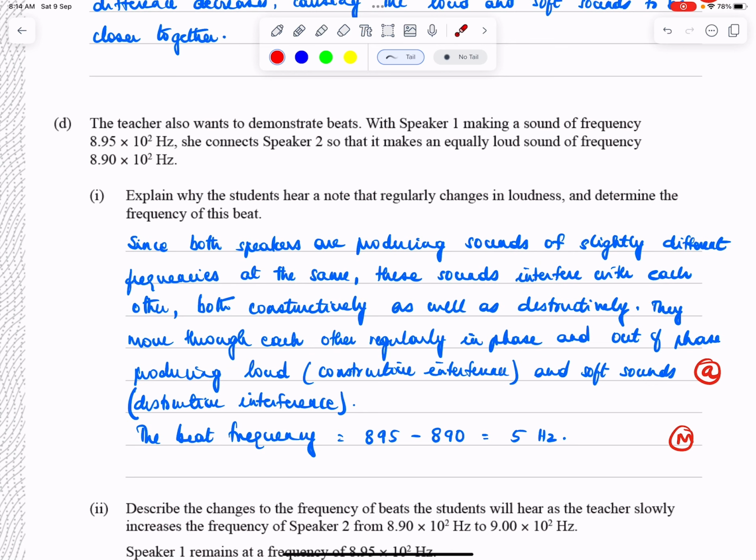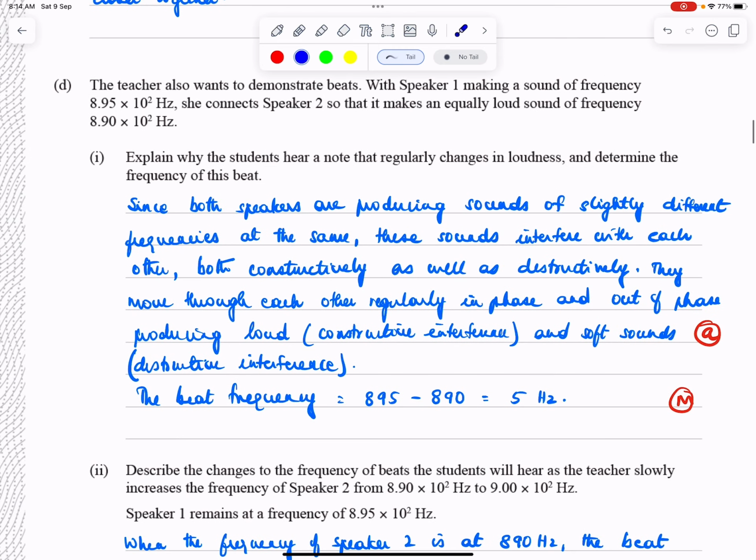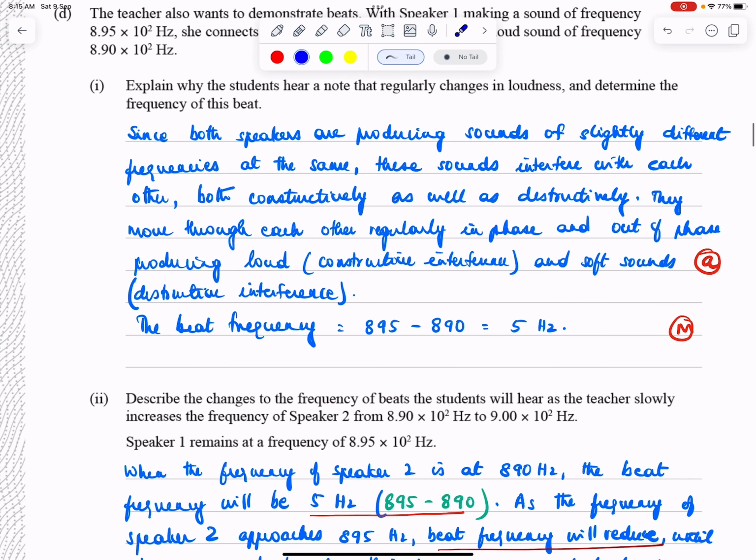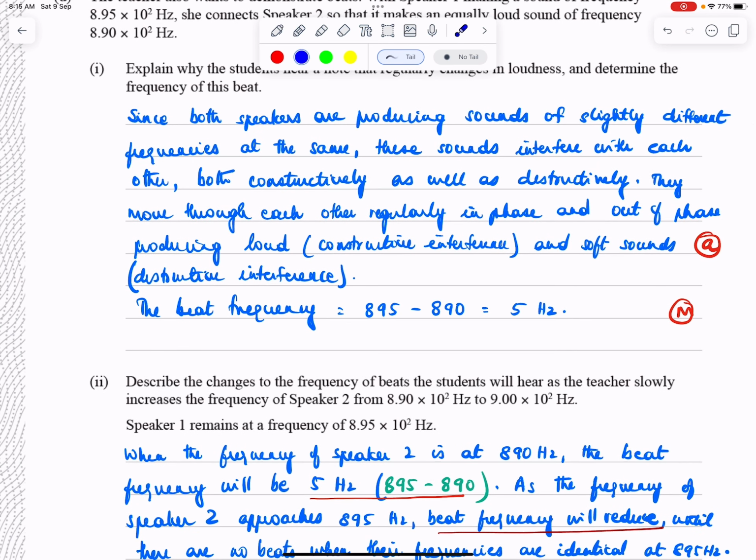Now, since both speakers are producing sounds of slightly different frequencies at the same time, I left out the words "at the same time" here. These sounds interfere with each other, both constructively as well as destructively. They move through each other regularly, in phase and out of phase, producing loud sounds, which is constructive interference, and soft sounds, which is destructive interference. The beat frequency is the difference between the two, which is 5 Hz.